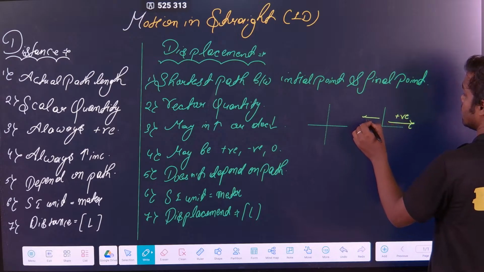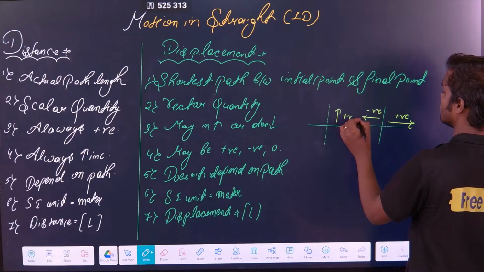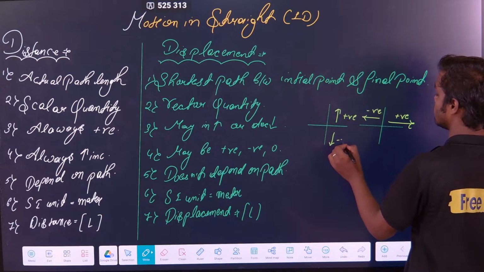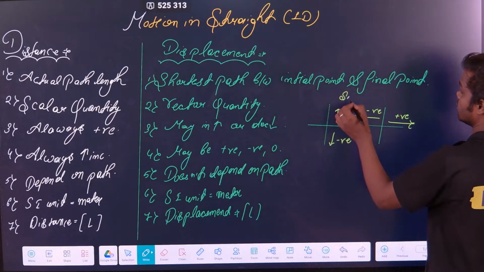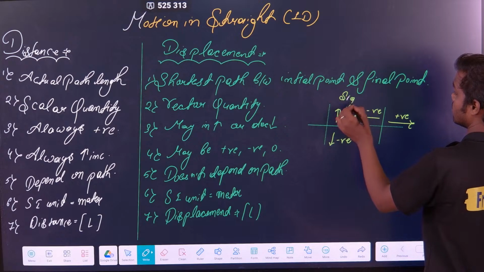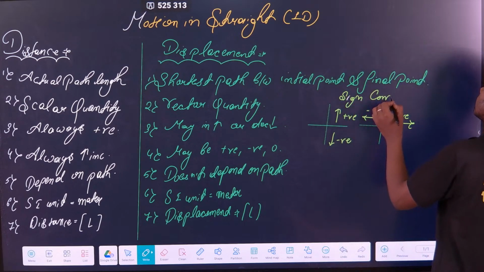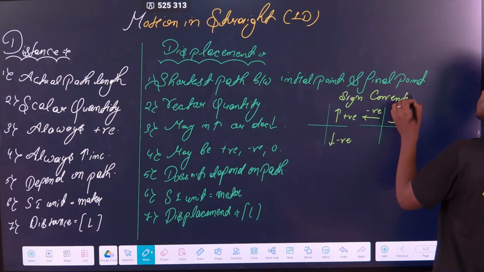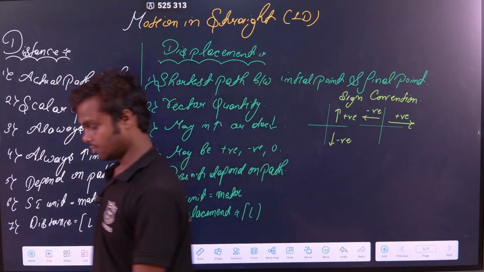If you move in this direction, you take it as negative. Similarly, if you move upward, you take displacement as positive, otherwise negative. This is called a sign convention. Clear?